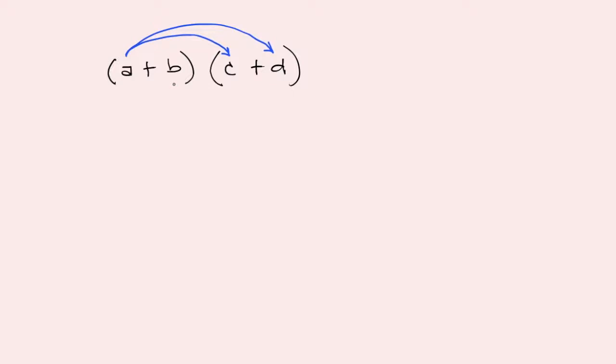So we take b and also multiply it by both terms in the second bracket. And so what we would get is a multiplied by c, which is ac, plus a multiplied by d, ad, plus b multiplied by c, plus b multiplied by d, which is bd.